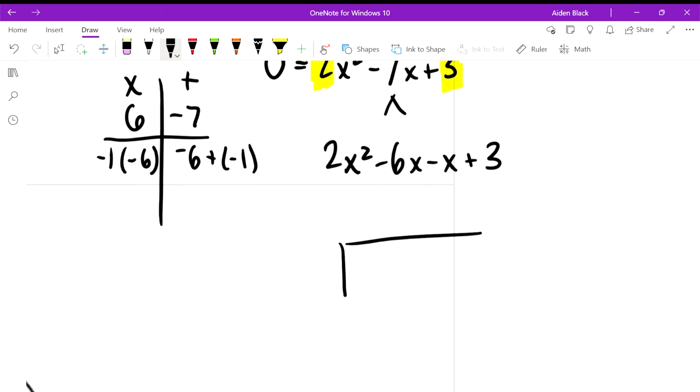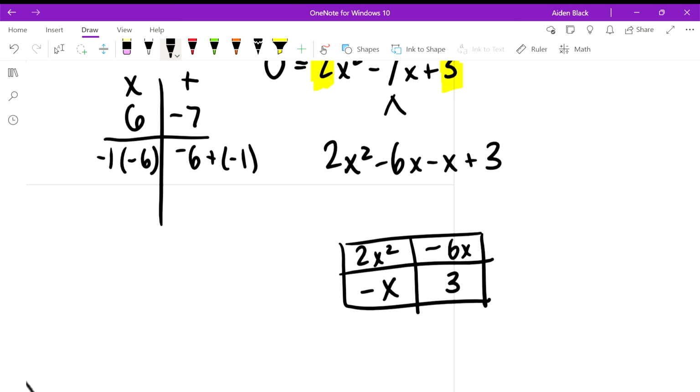This allows us to use the box. 2x squared, negative 6x, negative x, positive 3. Greatest common factor here is 2x. Greatest common factor in this first column is x. X times negative 1 equals negative x. This is where I'm looking. Since I know this belongs here, and the product ends up being negative x, we know that this must be negative 1.